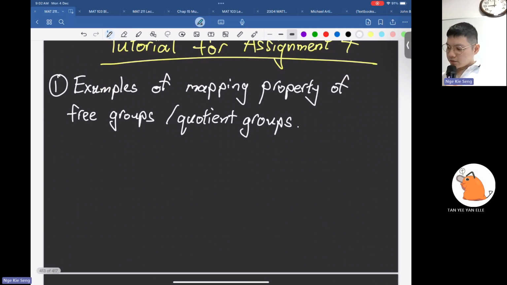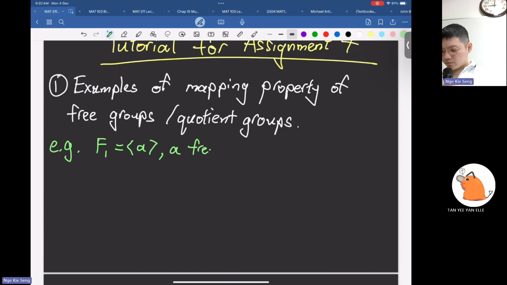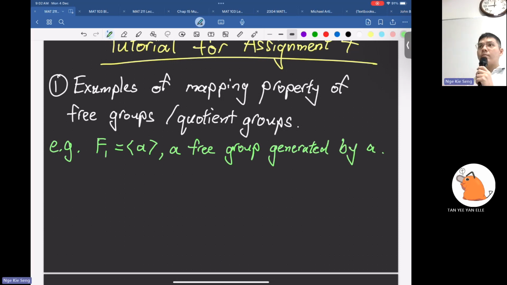All right, so let's look at the first example. First, let's look at the free group generated by one object, the free group generated by A. Anyone recall what the free group is?